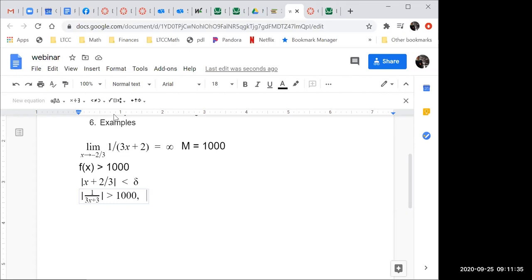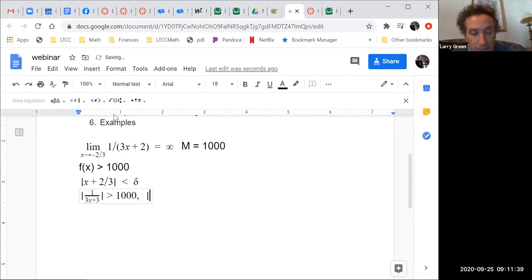So in particular, what we can say is the absolute value of 3x plus 2, sorry, that was a typo, needs to be less than 1 over 1,000.